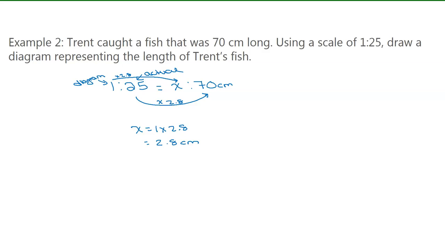So now to draw the diagram, we need to get out our ruler. So we can mark off a length that is 2.8 centimeters long. And then we can draw our fish representing the fish that Trent caught. It's 2.8 centimeters long.